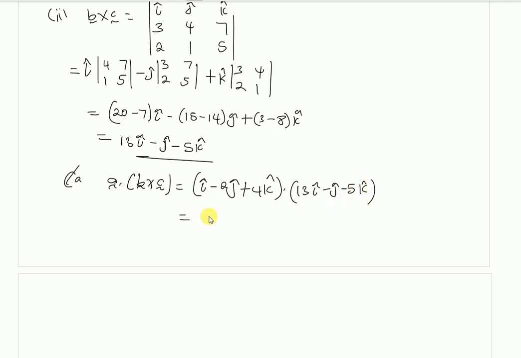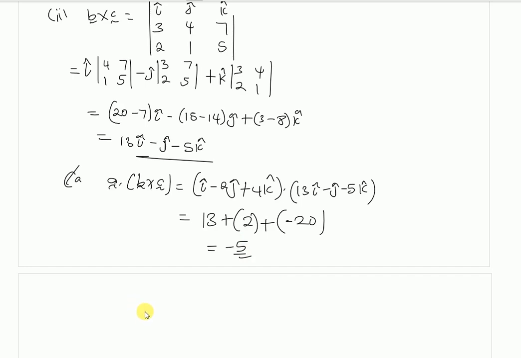And for this one you go component by component. So this is 13 plus negative 2 times negative j, that is 2, plus 4 times negative 5, negative 20, and this one is negative 5.